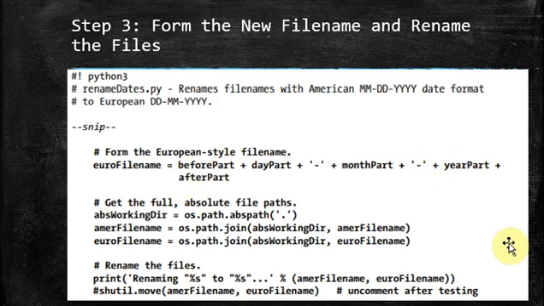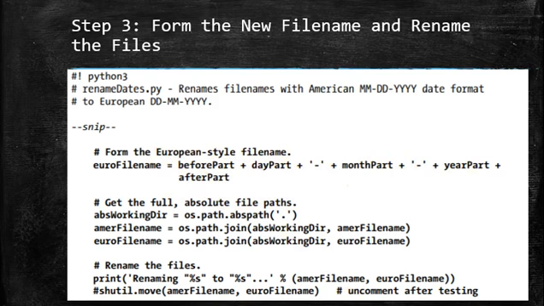So suppose you had a file name as spam, month was 04, date was 20, and year was 2020. Now it will be converted to spam, followed by day, that is 20, month is 04, year is 2020. After that, if you had any text in the file name, that will be written after this.